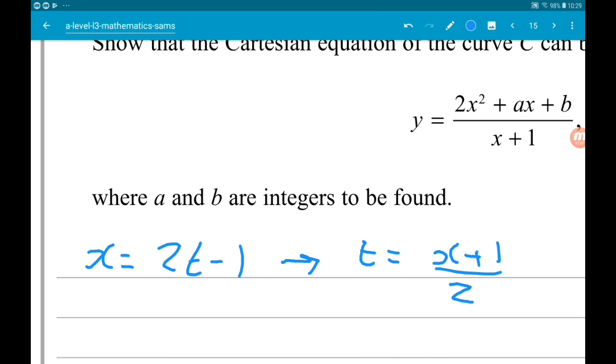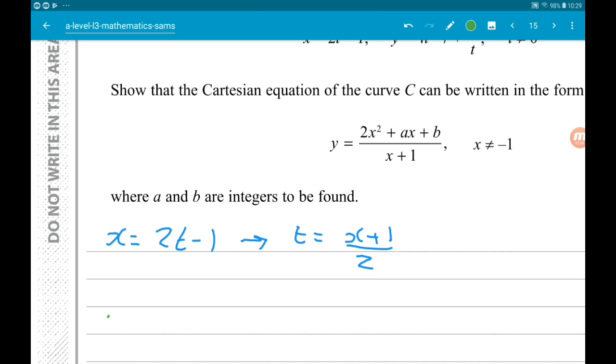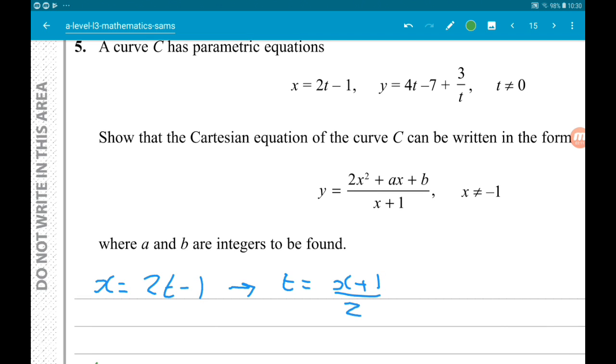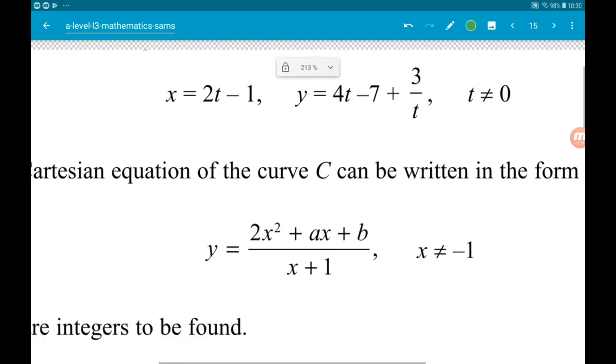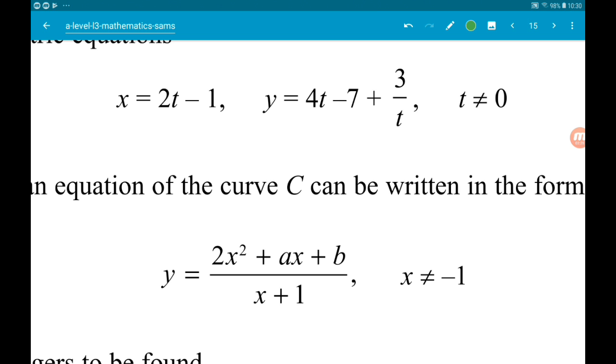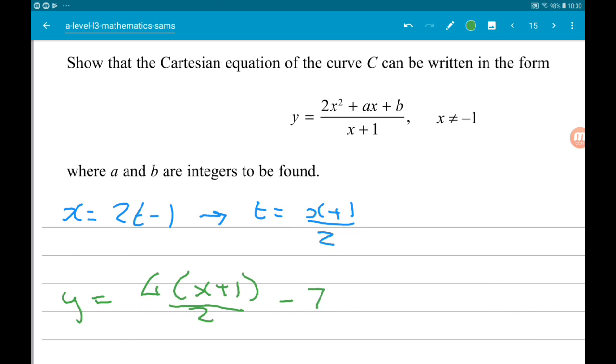So then from that, y is equal to 4 lots of that minus 7 add 3 over x add 1 over 2.